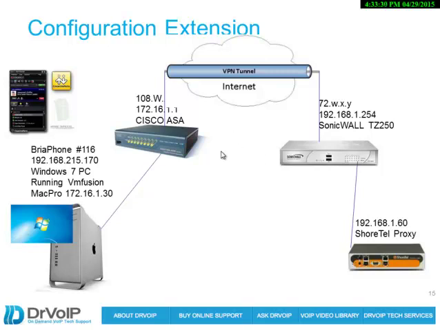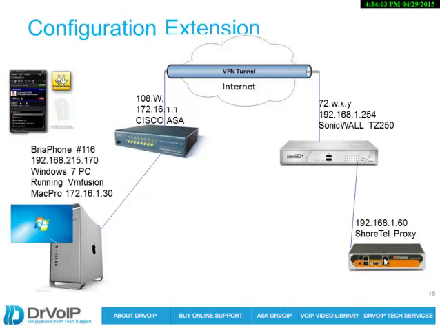So not only do we have one firewall in the place, I've got a Cisco ASA here, and it's speaking over the internet to a SonicWall, and it has created a site-to-site VPN tunnel. So right there, we've got a whole bunch of opportunities to have a problem with our connection. And so from the Bria, we want to register with the Shoretel Proxy.